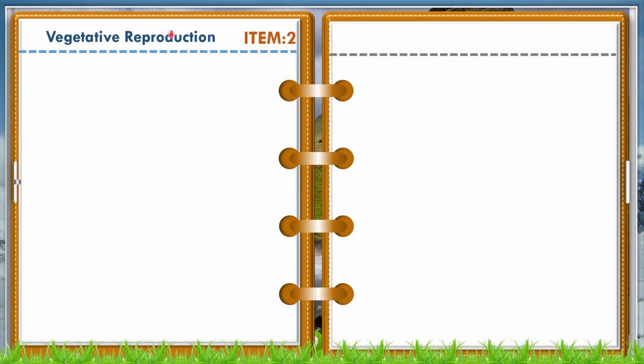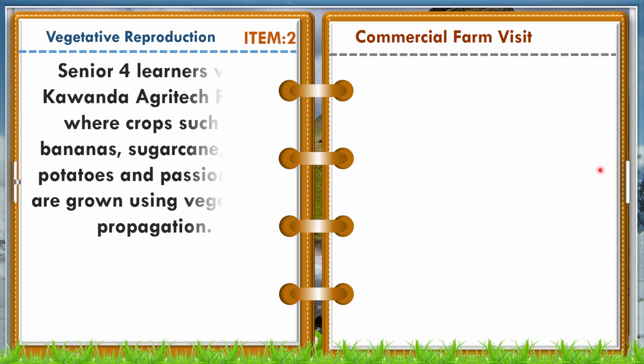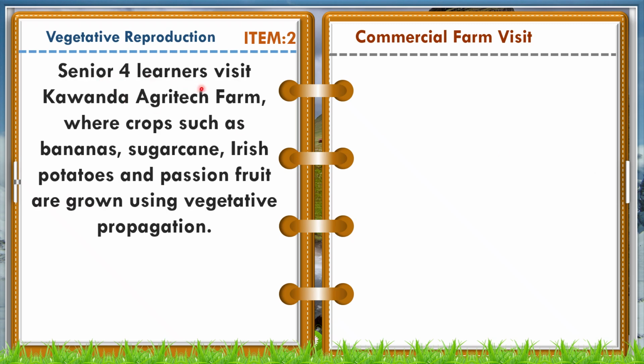Let's go to vegetative reproduction, item 2. We are going to visit a commercial farm. Senior 4 learners visit Kawanda Agri-Tech Farm, where crops such as bananas, sugarcane, Irish potatoes, and passion fruits are grown using vegetative propagation.